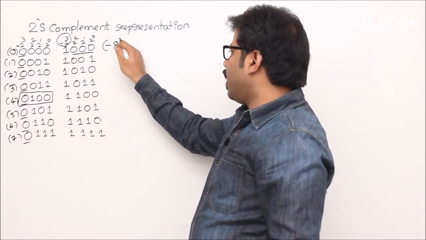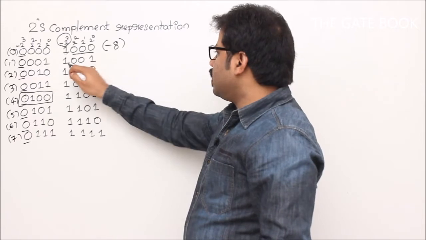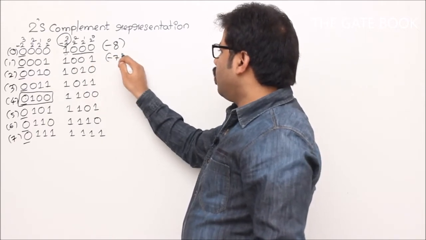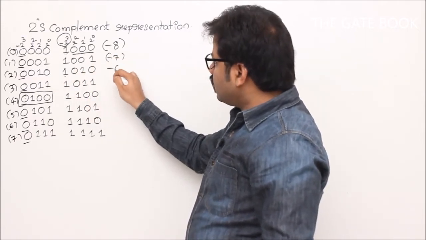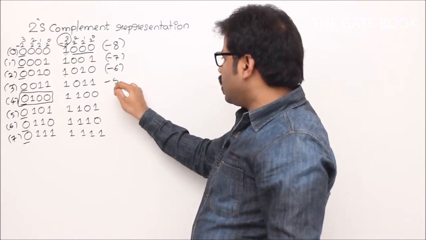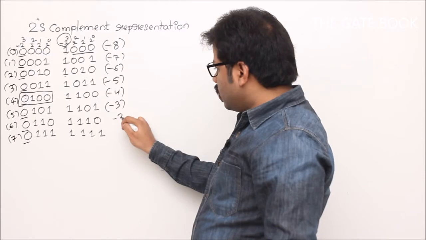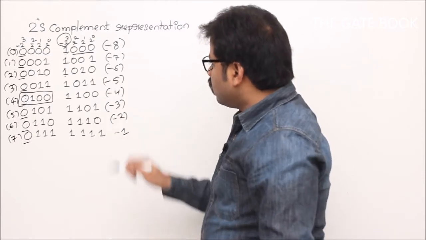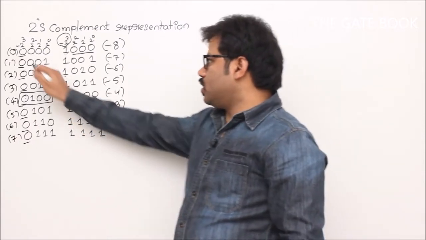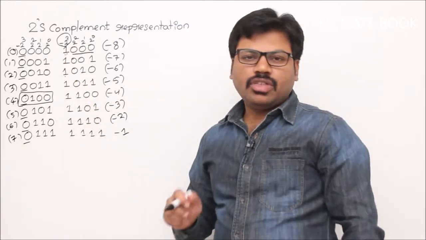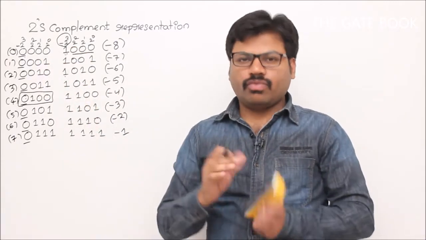This is going to represent minus 8. Then minus 8 plus 1, minus 7. Minus 8 plus 2, minus 6, in that way. So the remaining numbers will be represented minus 5, minus 4, minus 3, minus 2, minus 1. So here there is only one 0, positive 0, no negative 0. That means finally there is only one 0 we have.